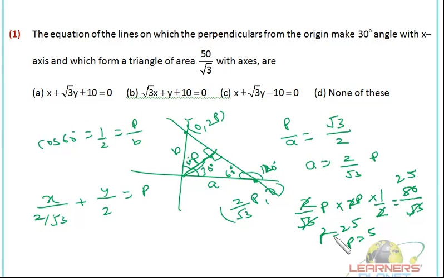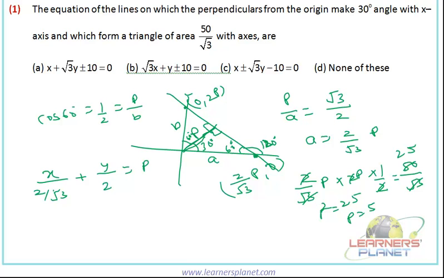We cannot take p as negative 5 because p is nothing but the length of this perpendicular. Okay. But apart from that, we can get one more line on this side having the perpendicular length p the same as 5. So we can choose two values for p, that is 5 and minus 5, right?